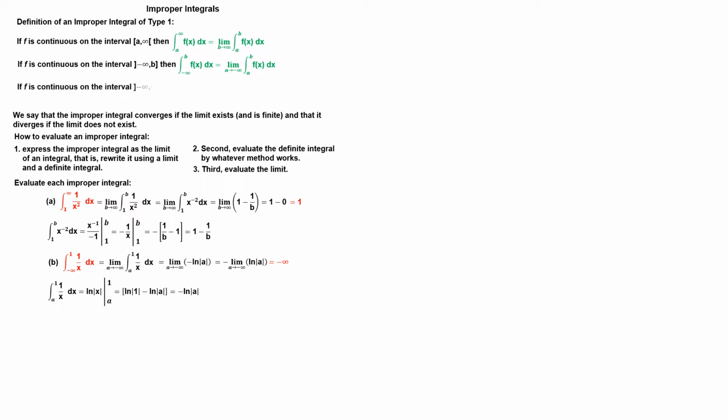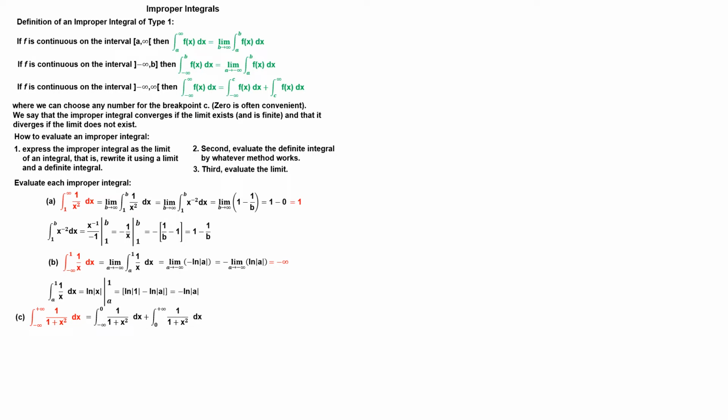The third case of improper integrals of type 1 is defined as follows. We now evaluate item c. In this case, we have infinities in both limits. We start by splitting the integral into two separate integrals. We can split the integral at any point. So let's choose c equals 0, since this will be a convenient point for the evaluation process.